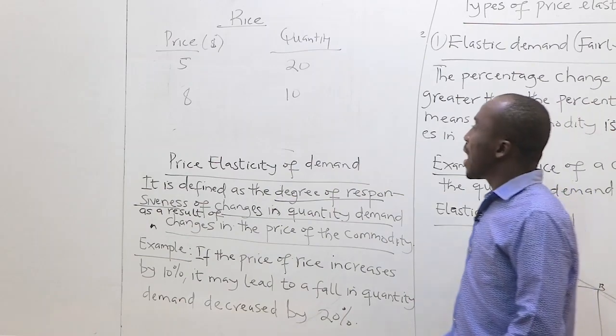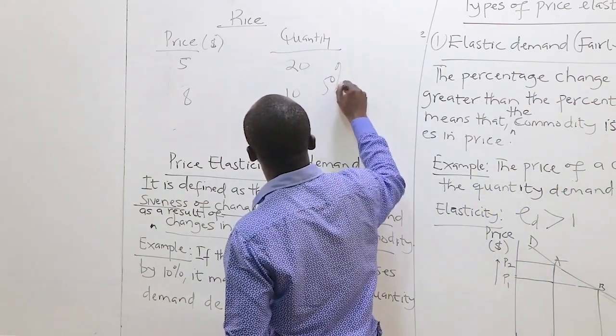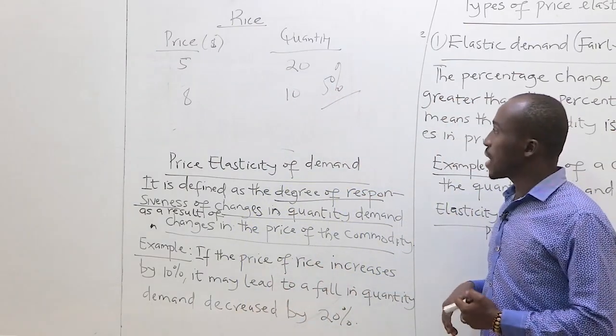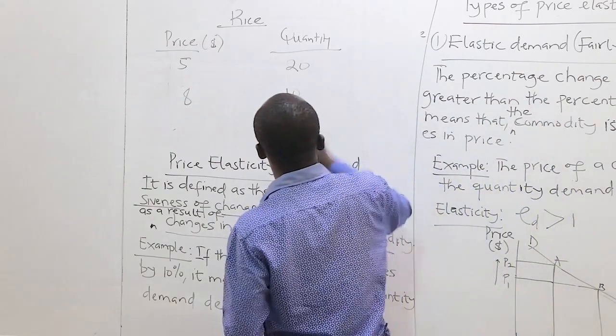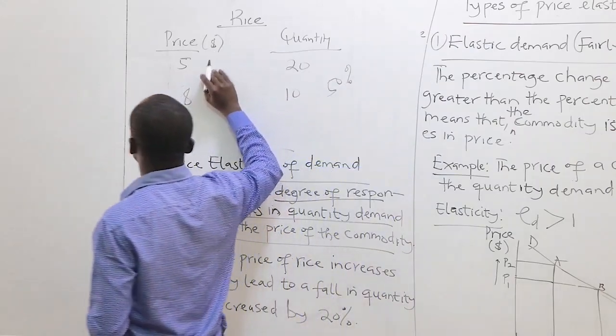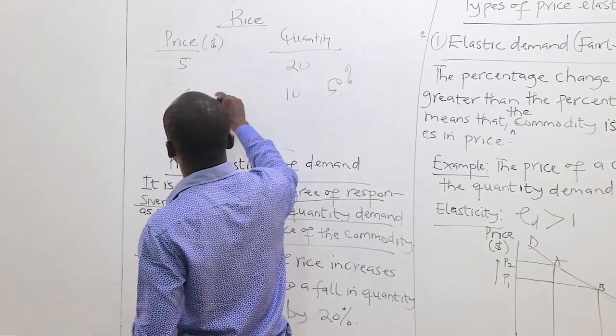So that means your demand has decreased by how much? 50%. Right? So when the price increased by almost 60%.